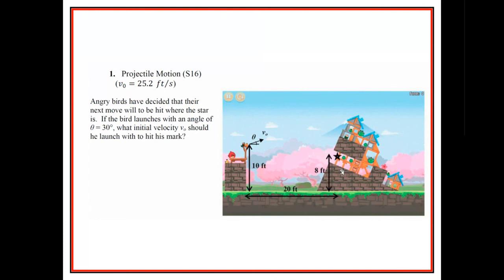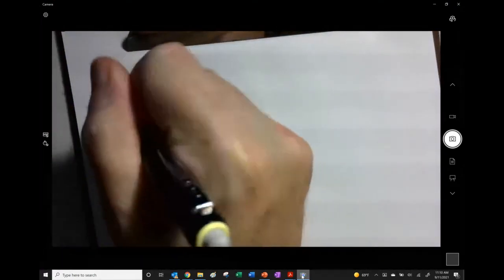When we get started here, getting my cheat sheet out. All right. So it's a really good idea to list out the things that we know in the problem, right?